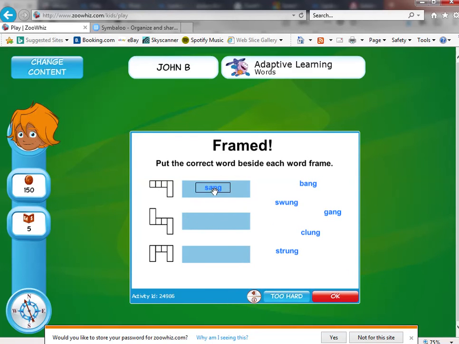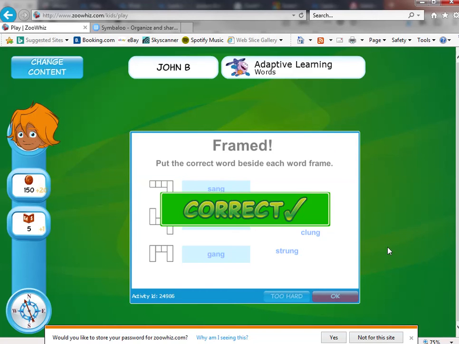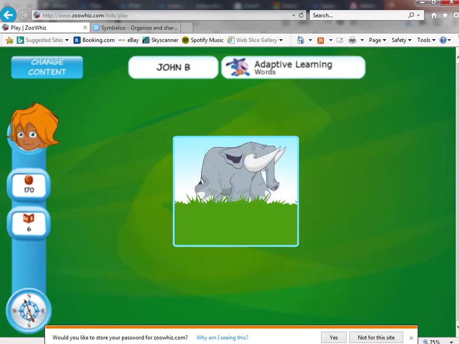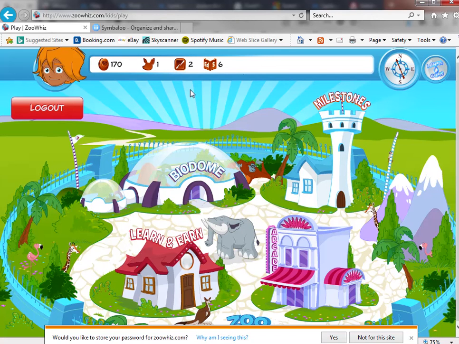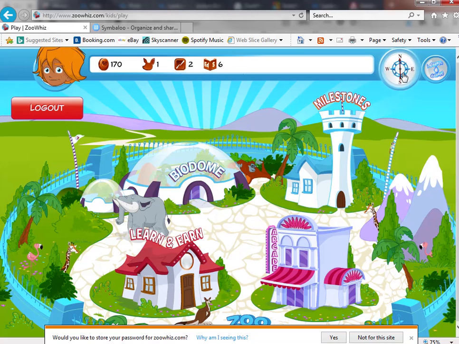I think that is sang, and that looks like bang, and that looks like gang: sang, bang, gang. So let's see. So we can do all that. So okay, so that goes out, and they can do all that, and then we can go out. Okay, so that's what is happening there.